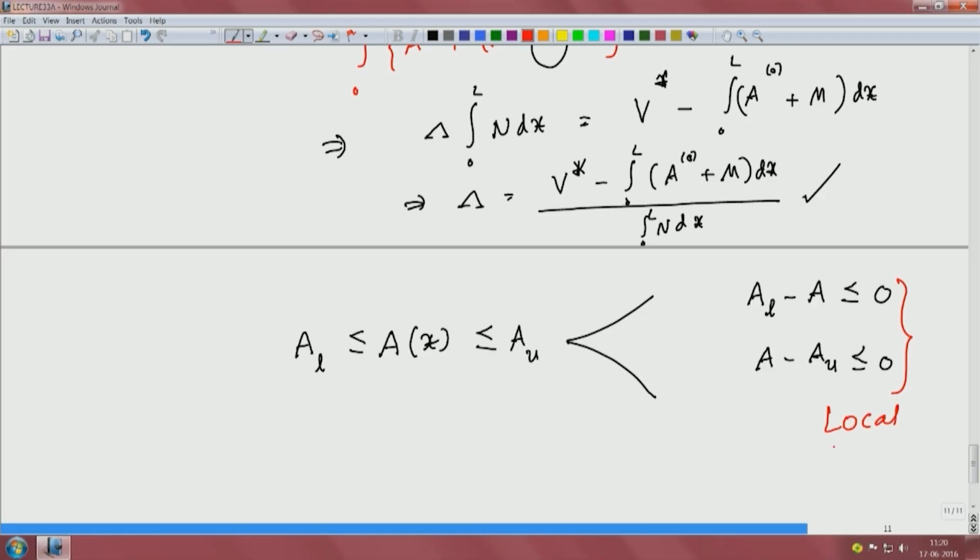These are local or function type constraints because they are everywhere for all values of x. So, I will use lowercase letter mu, we can call it mu_L of x and then mu_U of x, two additional multipliers. Okay.